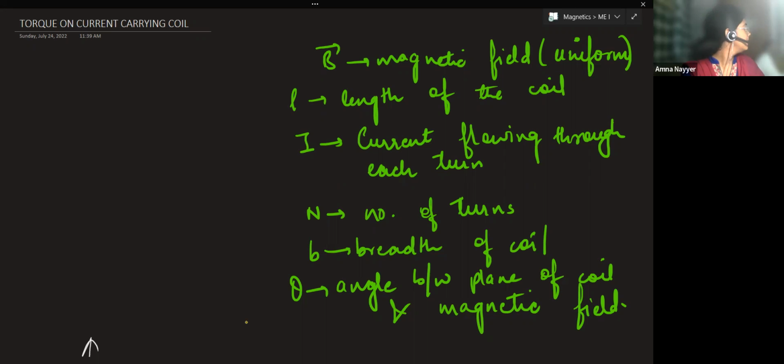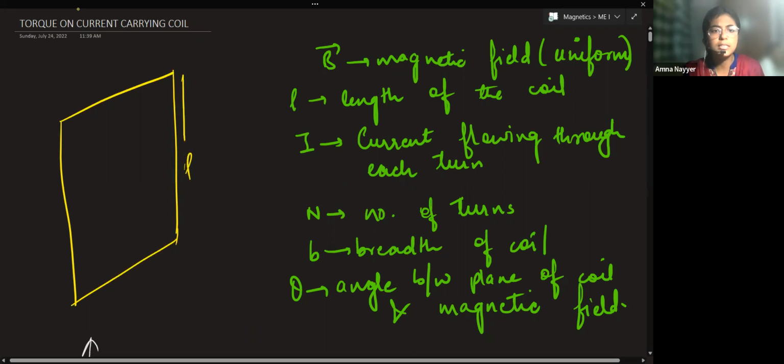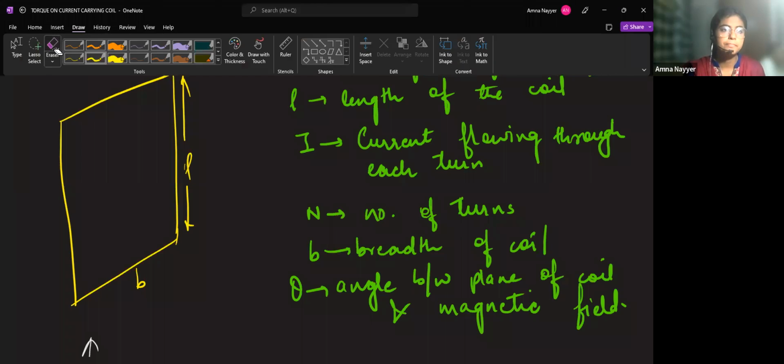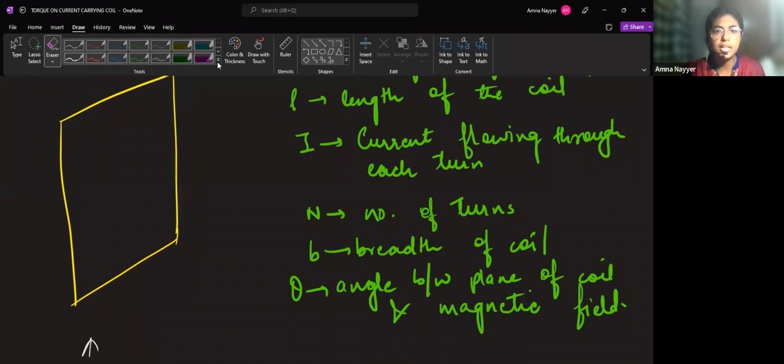Let's suppose this is a coil. Rectangular coil is there, fine. Length of the coil is L and the breadth of the coil is B. Before this, I'll draw the magnetic field, otherwise this will become confusing.